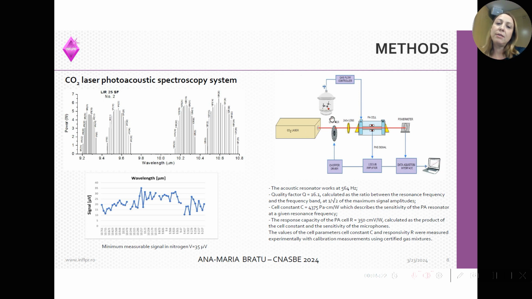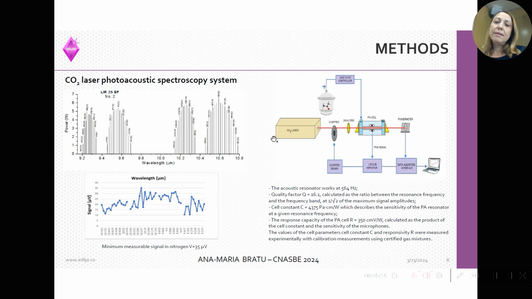This system is used to identify these substances because of the tunability of the CO2 laser, which helps us to realize the photoacoustic spectrum of these substances and to see where the maximum absorption is. The main components of the system are the CO2 laser and the photoacoustic cell.